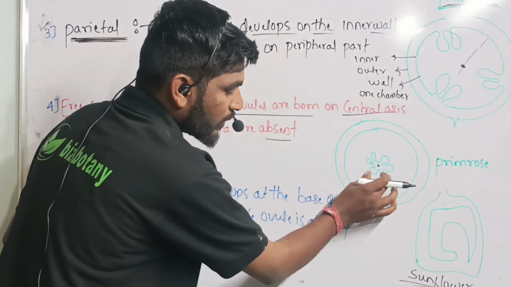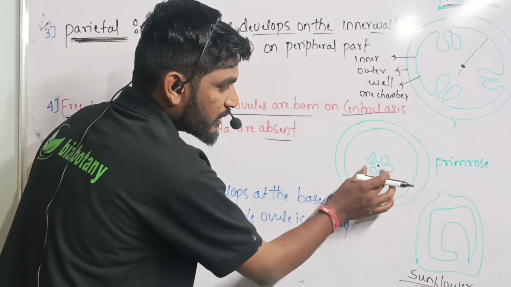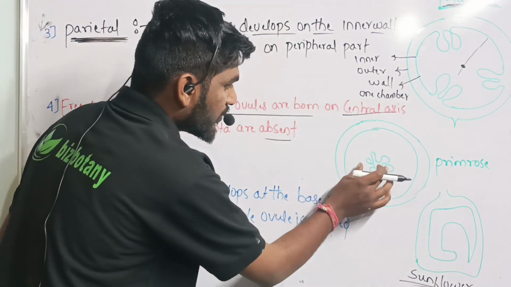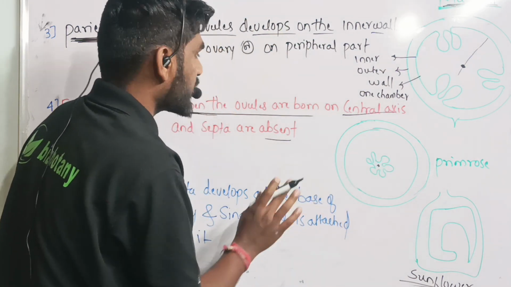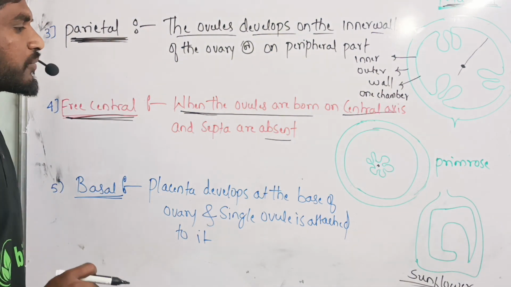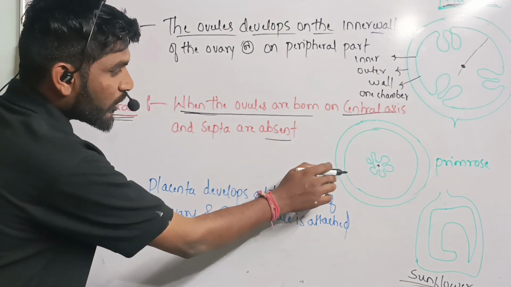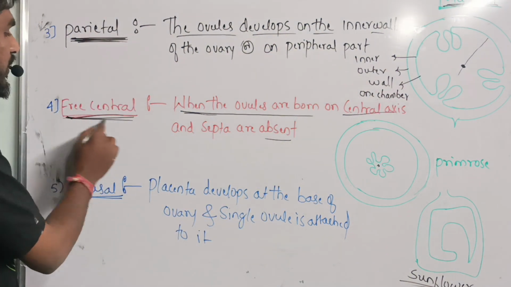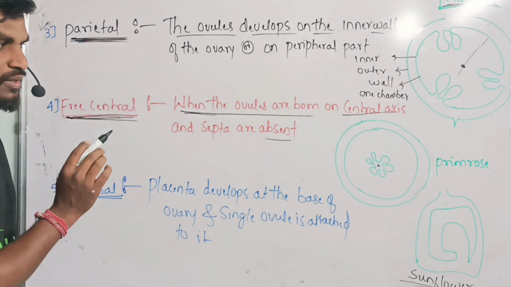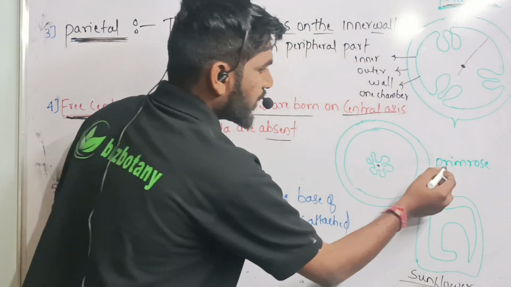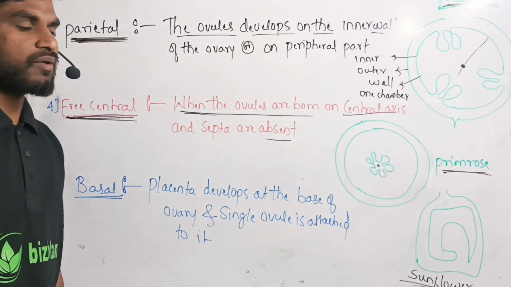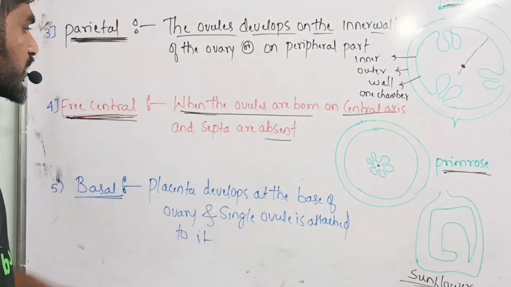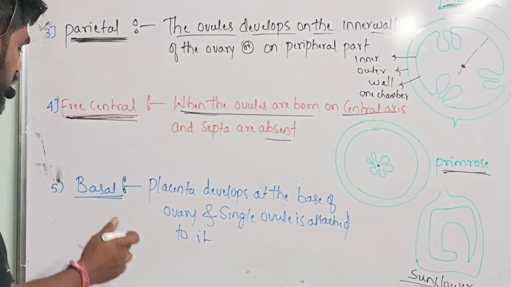The ovules originate at the central axis and no septa are present. Such type of arrangement of ovules in the ovary, we call it free central placentation. An example for free central placentation is primrose. In the primrose flower, you can see the free central type of placentation.